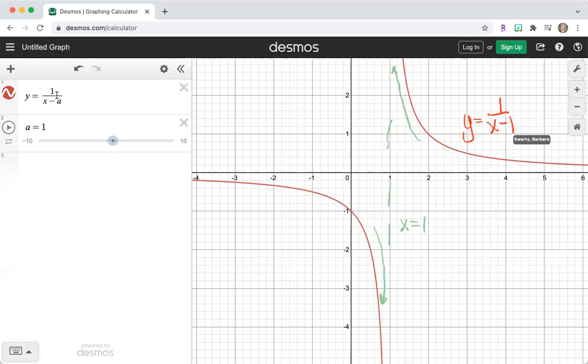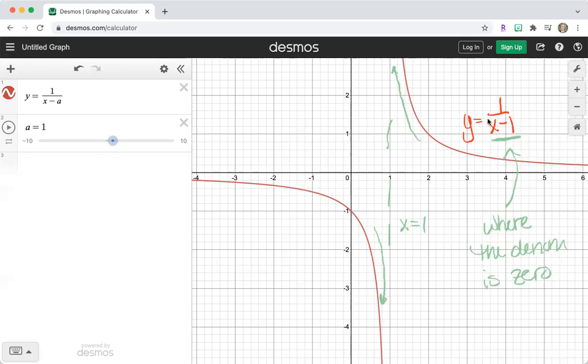And so the vertical asymptote is here, where the denominator is 0. So it's kind of like solving for the zeros of the function, but in this case, when you're solving for the vertical asymptotes, or really where this whole function is not defined, this function is not defined when the denominator is 0, because we can't divide by 0.